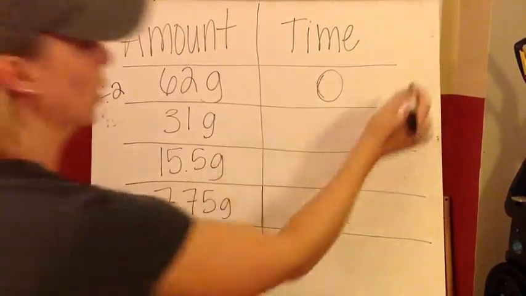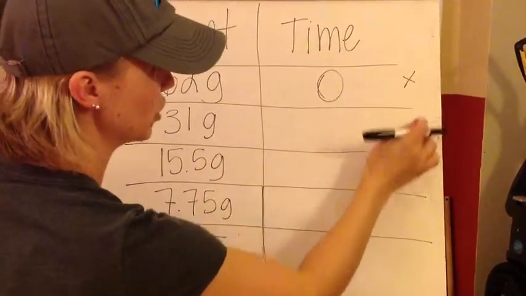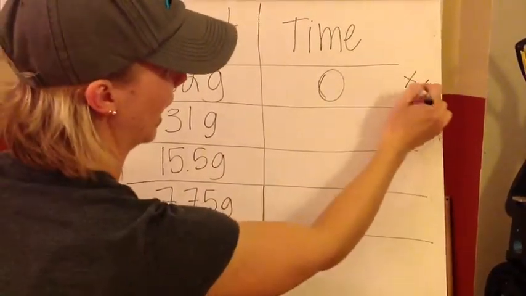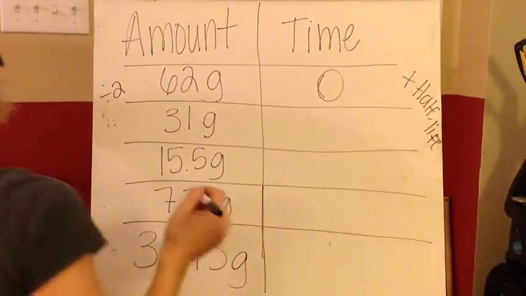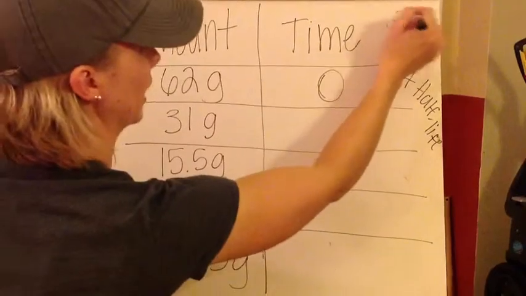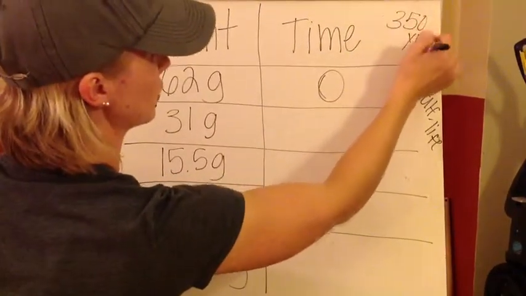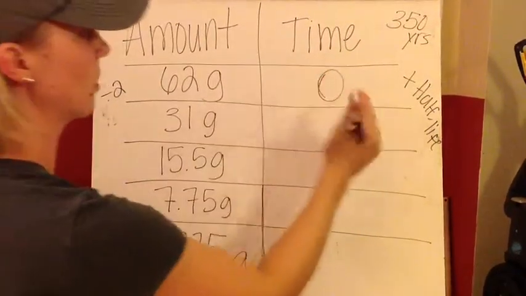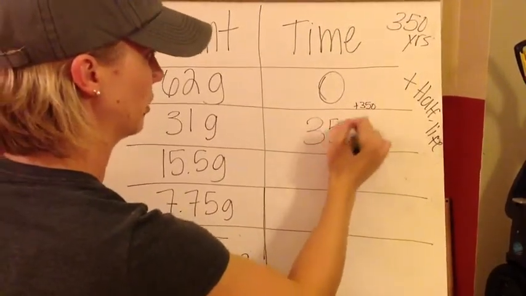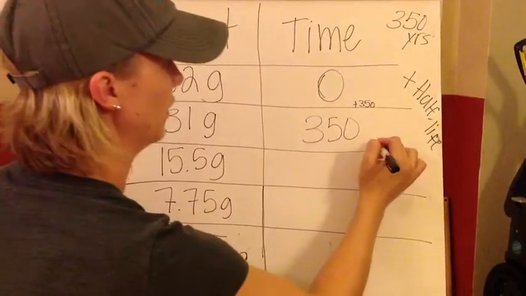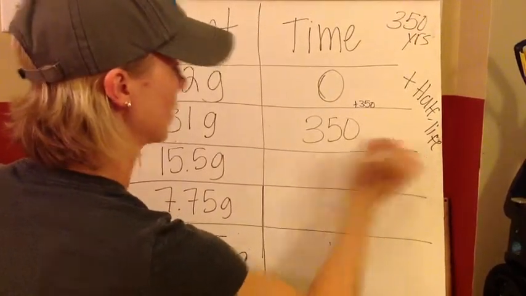So now let's go over to time. When we do time, we always add the half-life to each one of these. And the half-life of this particular sample is 350 years. So we take 0 and we add 350, which gives us 350. We take 350 and we add 350 to it again.